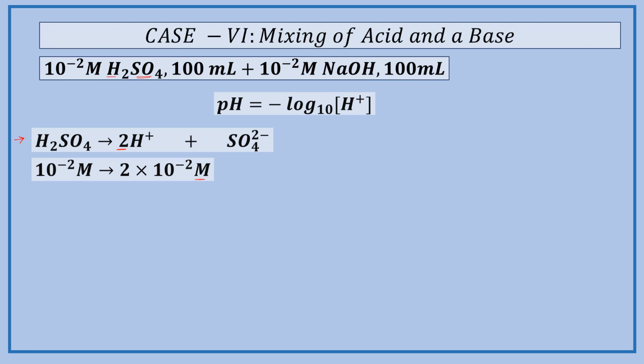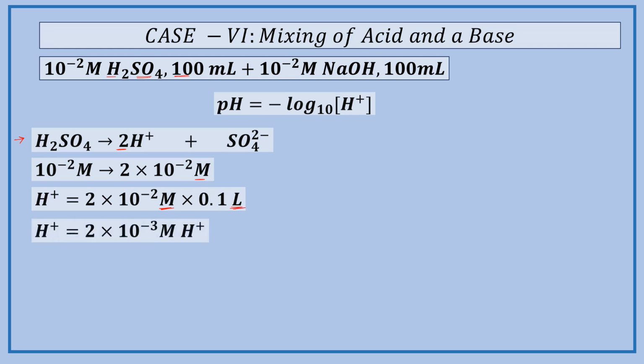Since we have used just 100 milliliters of this solution, the concentration of H plus ion will be calculated by multiplying this molar concentration with volume. And H plus ion concentration is finally 2 times 10 to the power minus 3 molar in this solution.